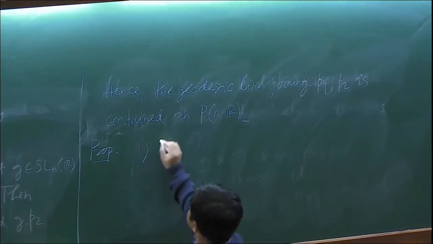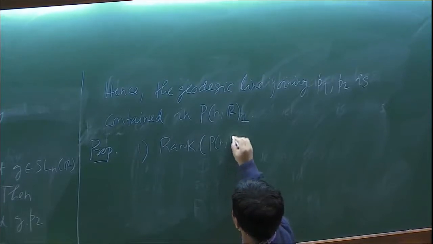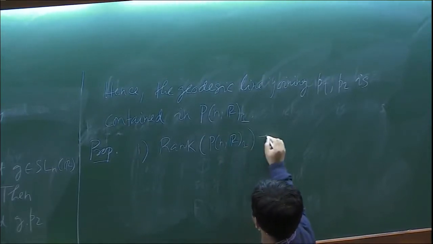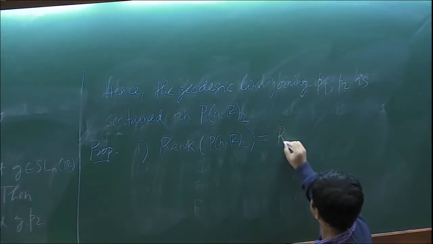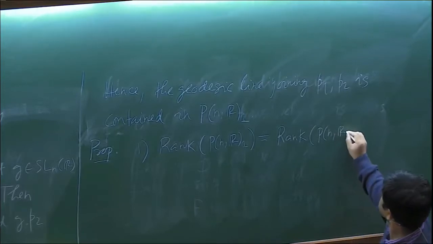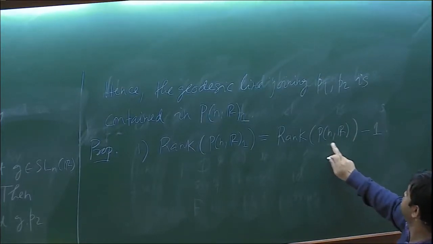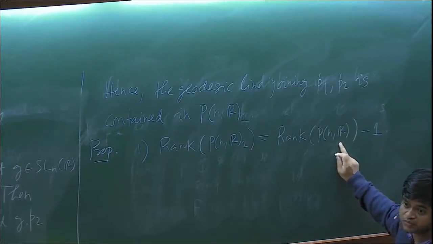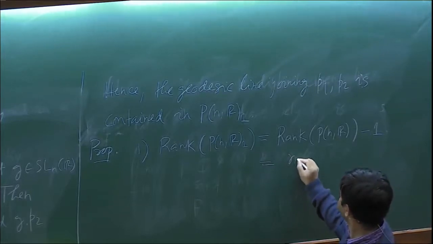So for instance, the rank of PnR1, that is, the dimension of a maximal flat, is the same as the rank of PnR minus 1. So this was the dimension of the diagonal, right? So n minus 1.